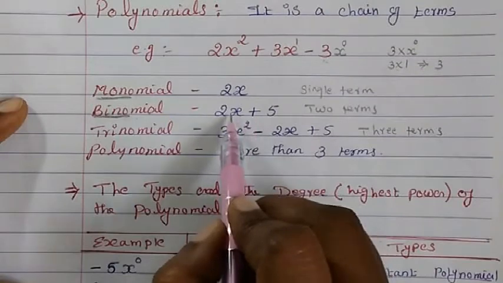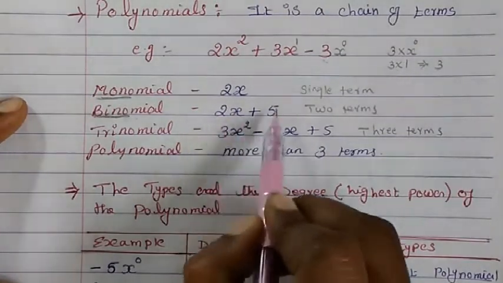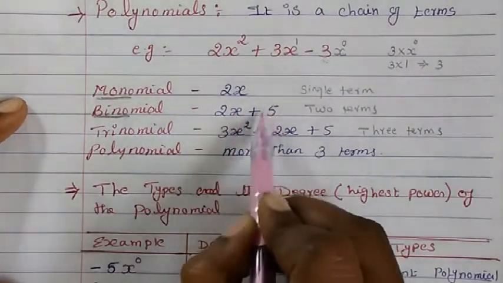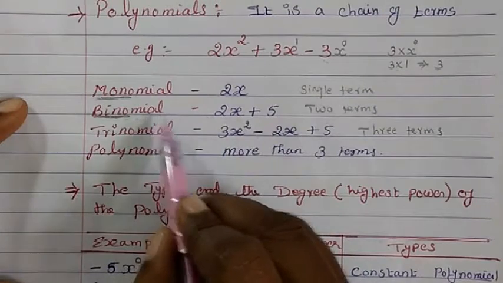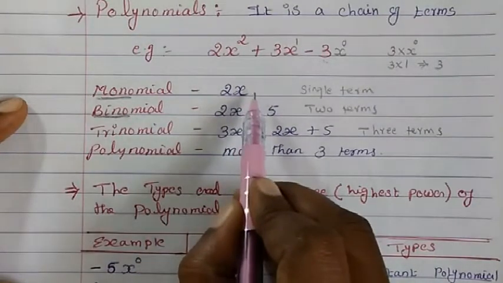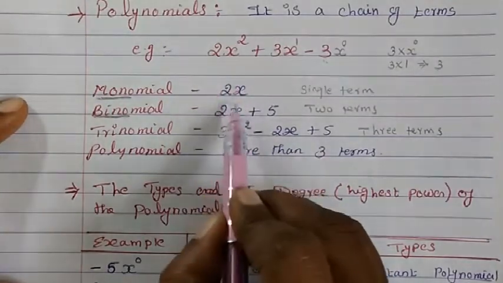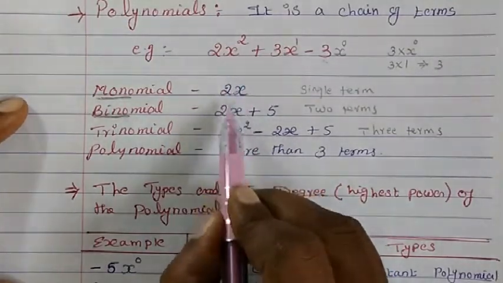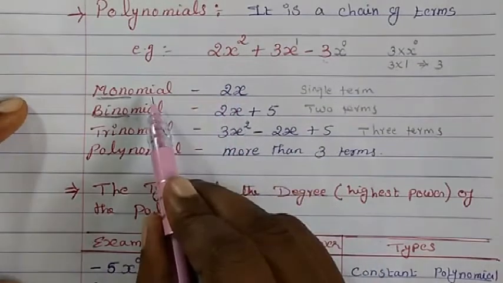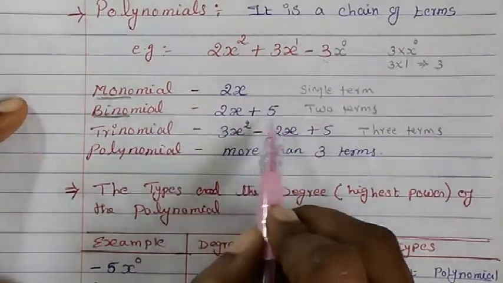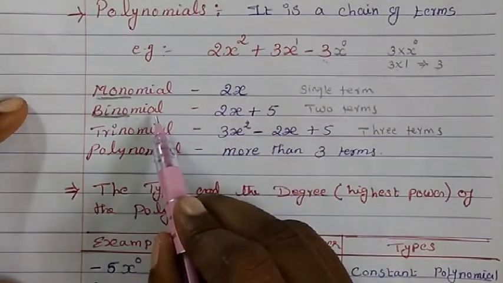So when two terms are there, they are known as binomial. When there is only one term, with no plus or minus separating anything, this is just a single term. So the single term is known as monomial. When two terms are there, they are known as binomial.